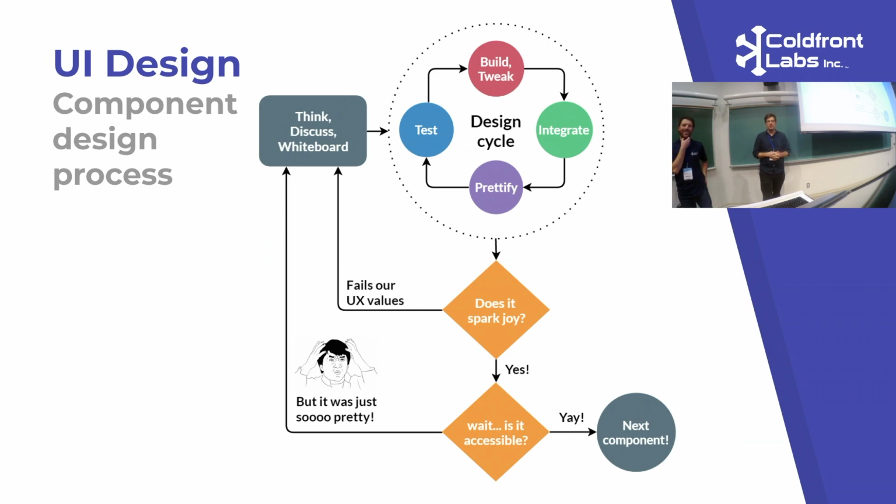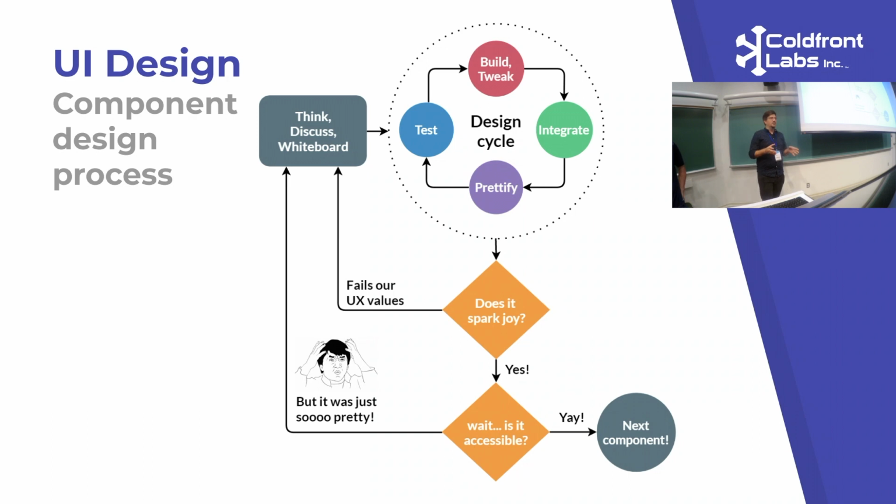So this is our design process: we would build something and tweak it, integrate it, make it better style-wise, and then we test it, and then cycle. And then basically you look at it: is it fun to use? I say, does it spark joy?